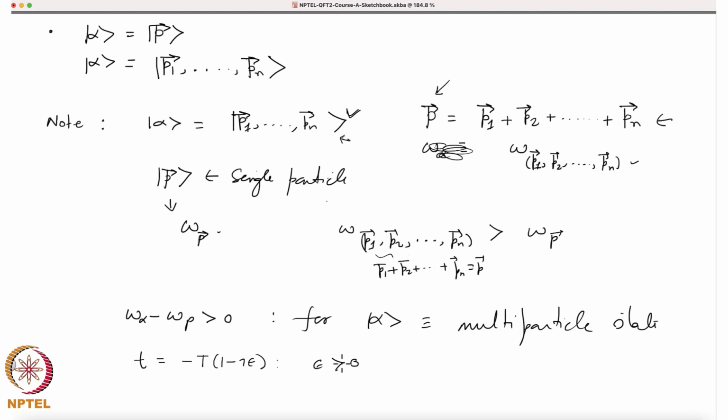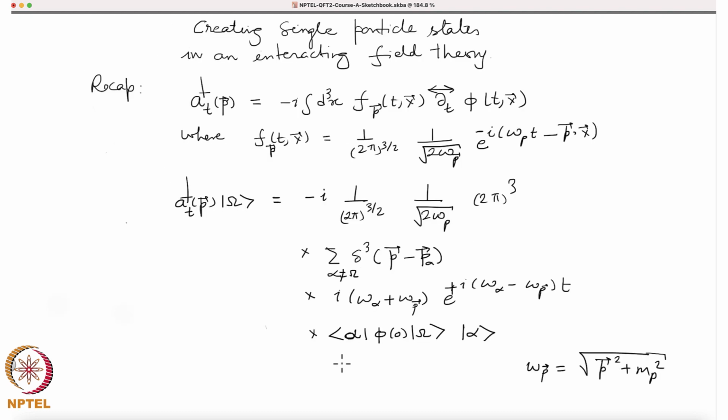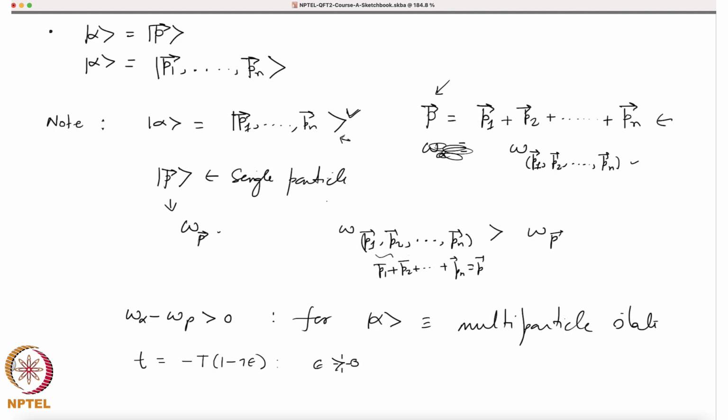So if you do so, then what happens? Let's look at the exponential, e to the i omega alpha minus omega p t, and now put t equal to minus T times 1 minus i epsilon, where epsilon is greater than 0, and T I will eventually take to infinity.